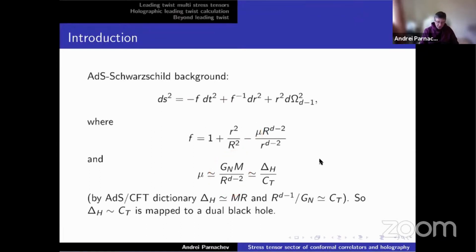Now we use the usual AdS/CFT dictionary, which tells us that the conformal dimension is proportional to the mass, and the ratio L to the d minus 1 over G Newton is the central charge, and recover our formula that this mu, the fixed, finite number in the description of the AdS Schwarzschild black hole, is just the ratio of the conformal dimension to the central charge. So to summarize, the limit of large C_T with mu fixed is a black hole.